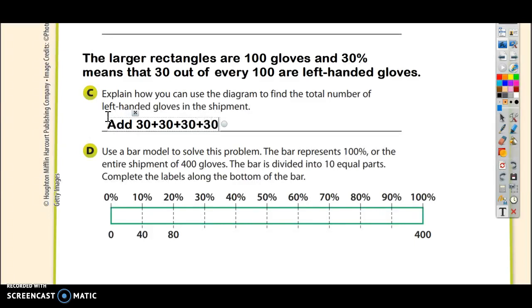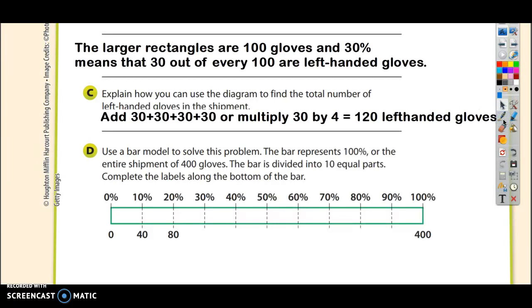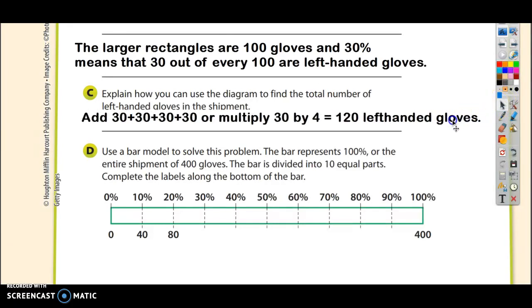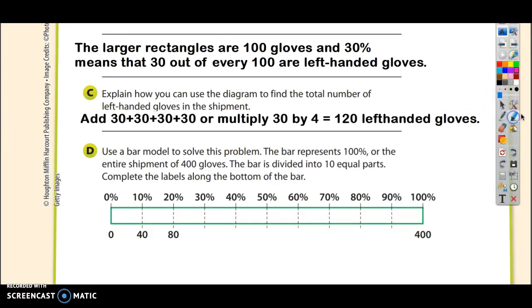Add 30 plus 30 plus 30 plus 30, or multiply 30 by 4 to get 120 left-handed gloves. You don't have to describe that as adding, and you don't have to describe that as multiplying, but you need to recognize that we were trying to group them by 30s. You could even say count by 30s.